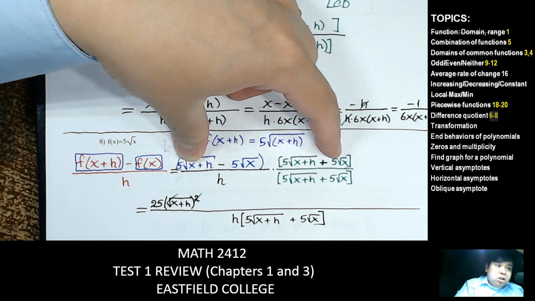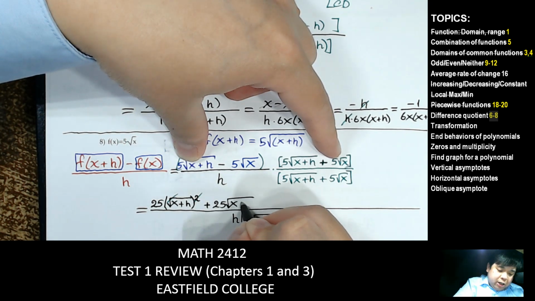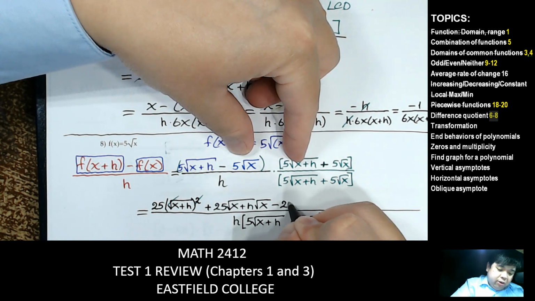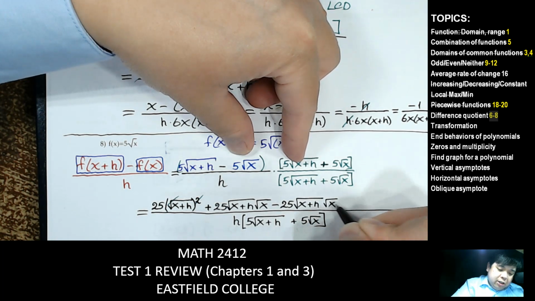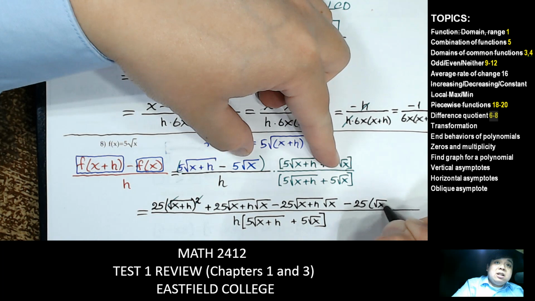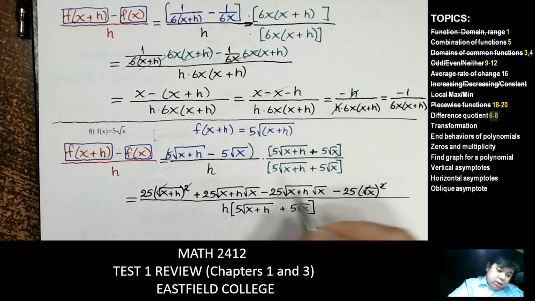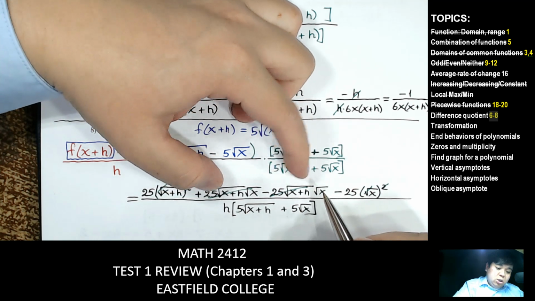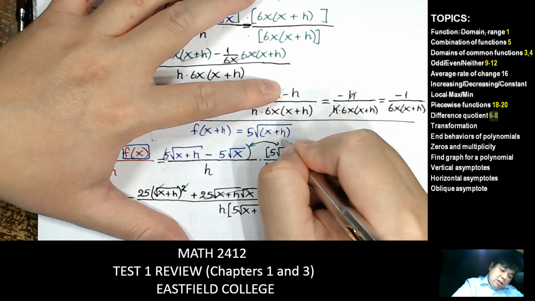Next, these two things will be plus 25 square root of x plus h times square root of x, and then this 2 minus 25 square root of x plus h times square root of x, and the last one minus 25 square root of x times square root of x is square root of x squared. The square cancels the square root, and the middle terms cancel. That is the reason we multiply by the conjugate, so the middle terms cancel. So this relation is called the conjugate.